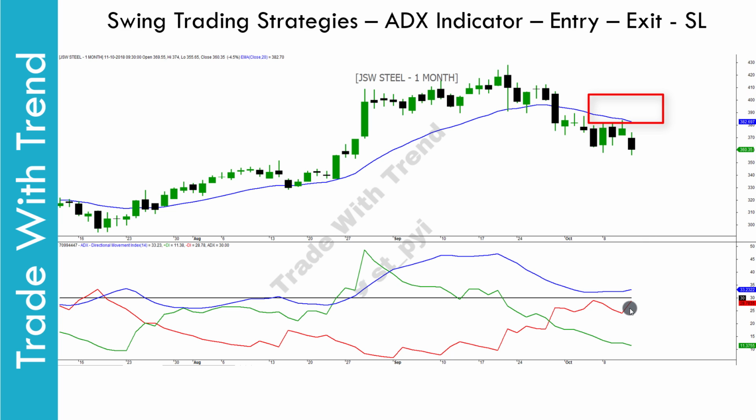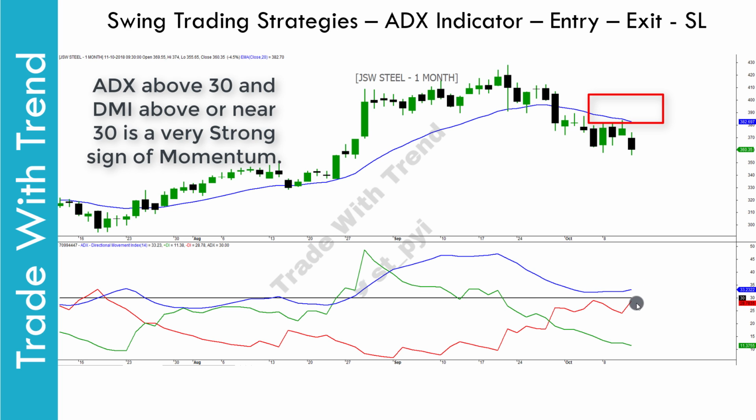If you look at the negative DMI, it is also moving near the 30 mark. So this is the 30 mark here. This negative DMI is hovering around the 30 level. Now this also suggests that the trend is extremely strong on the downside. Now you have to keep seeing these subtle little signs such as candle strength, negative DMI or positive DMI structure along with the structure of ADX.